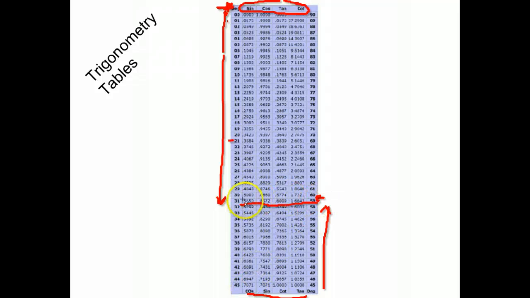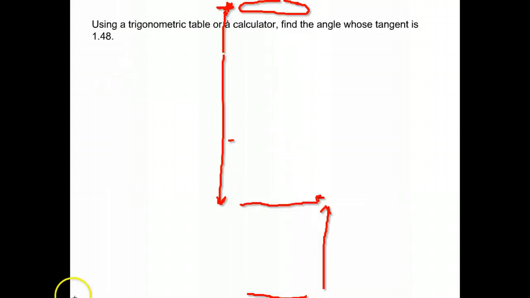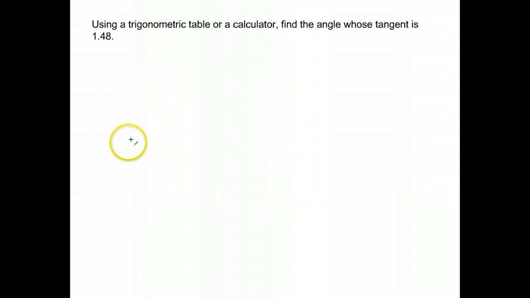So for 59, the cosine is 0.5152. The sine is 0.8572. The cotangent is 0.6009, and the tangent is 1.6443. So that's how you read a table. I am going to use a calculator rather than coming back to the table each time. But that is how you would read that table.